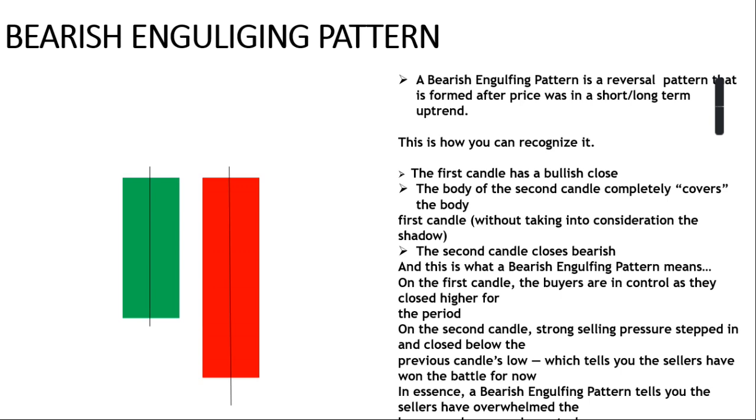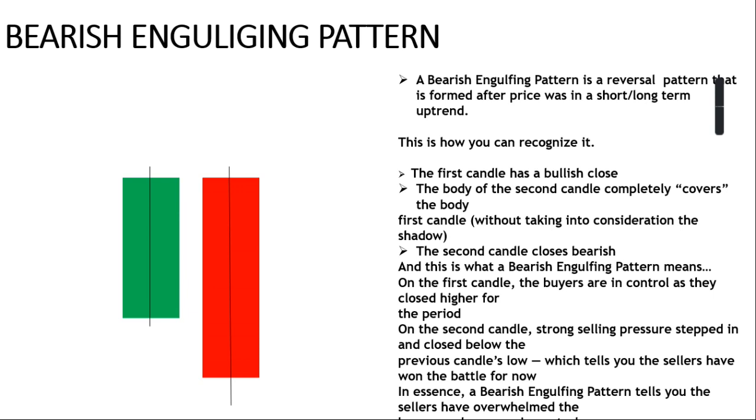And how do you trade it? Always want to find this at resistance. You want to find this when the buyers are losing momentum. You want to see that the sellers are stepping in, and sellers will step in at resistance and also at a descending trend line.